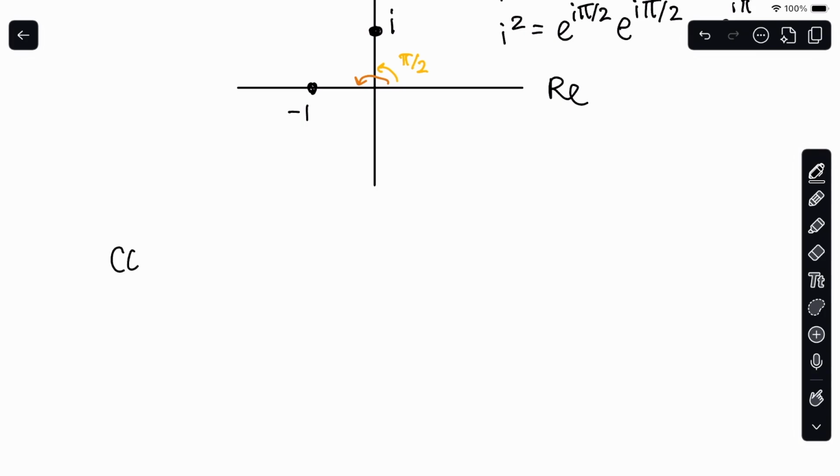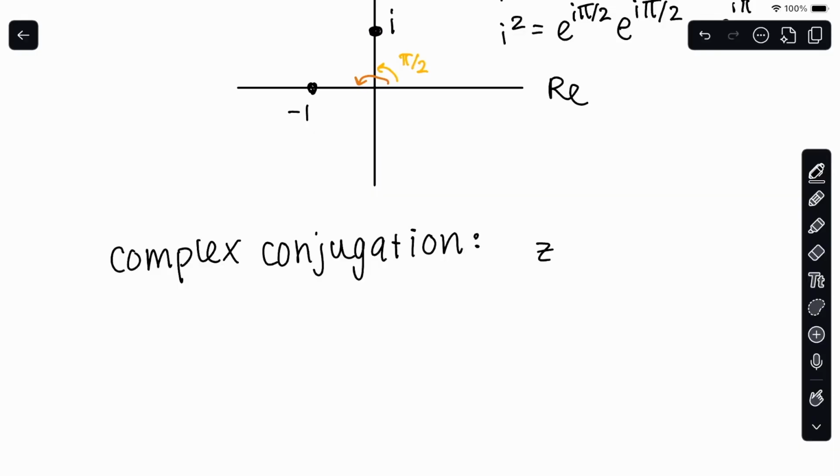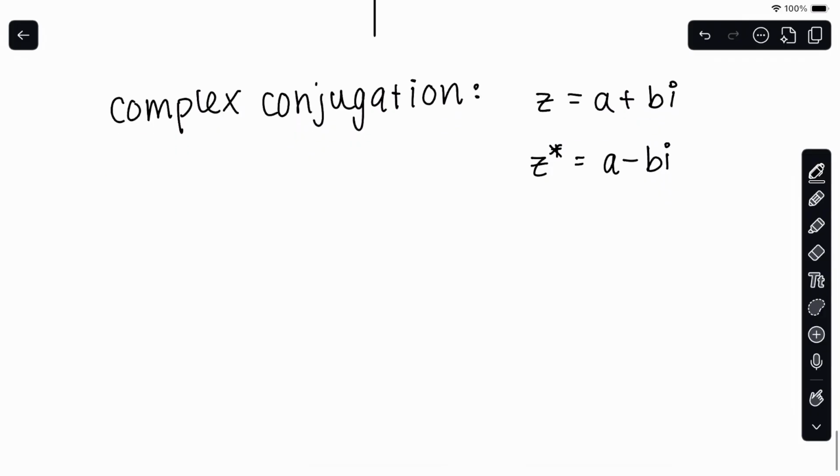So another important thing that comes up a lot is complex conjugation. And all that means is just taking the imaginary part of your complex number and flipping the sign. So if your complex number is a plus bi, then your complex conjugate, which is denoted by a star, is going to be a minus bi. And we can think of this visually as well.